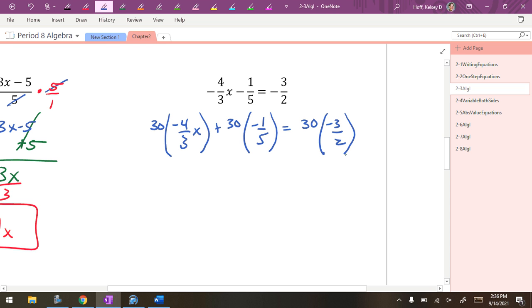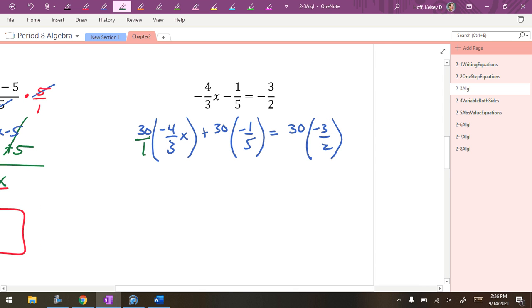So all I did is write a 30 in front of every single one of those terms. Remember, terms are separated by plus and minus signs. Really, 30 is over 1, yes?